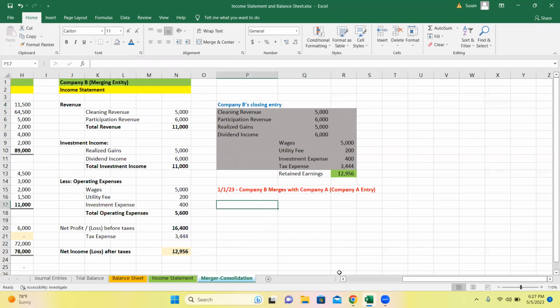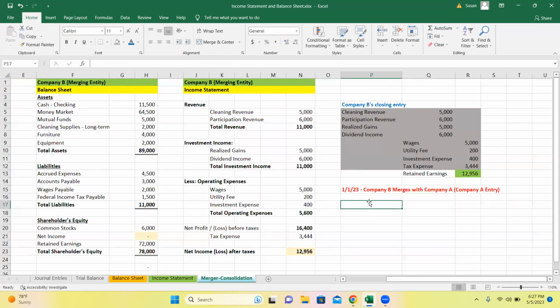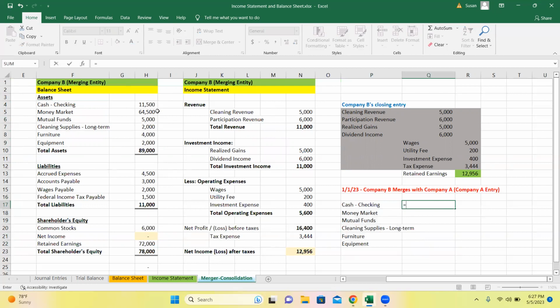So here we go. With assets, by default, they are debit entries. So I'll just run it through like so. Do debits, and then the debit balances of all of company B's assets. So this will be a debit.